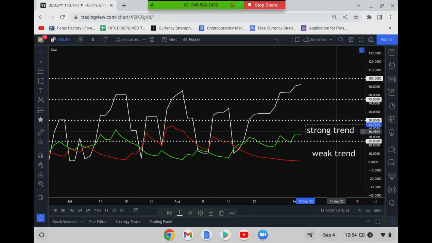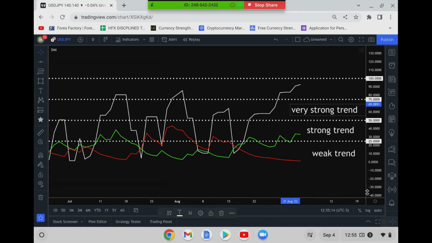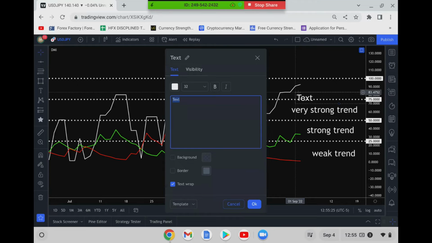Now, between the 50 and the 75, you know that this is a very strong trend, right? Very strong trend. And finally, you guys, if you see the ADX go 75 or above, you know that this is an extremely strong trend.